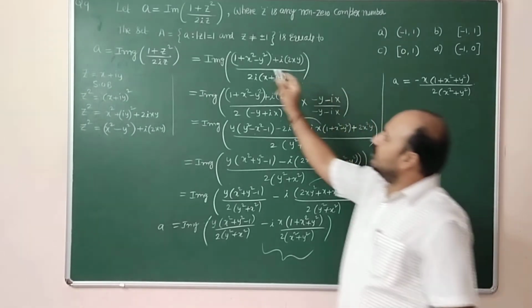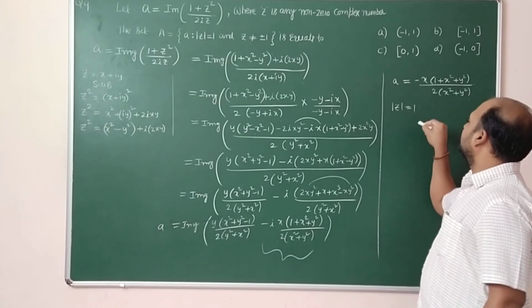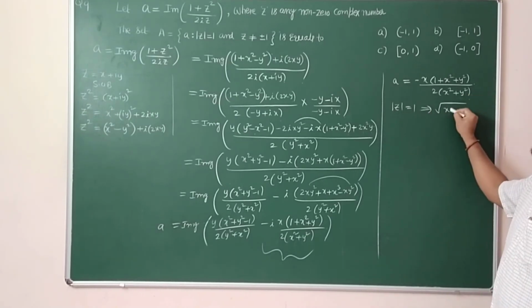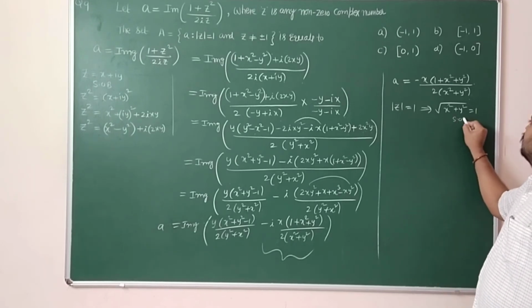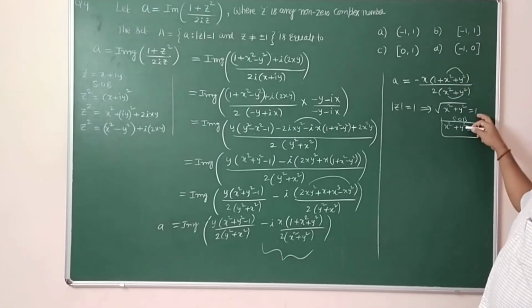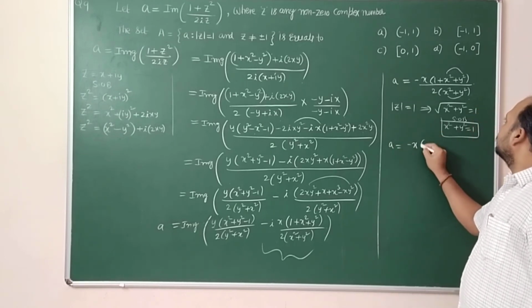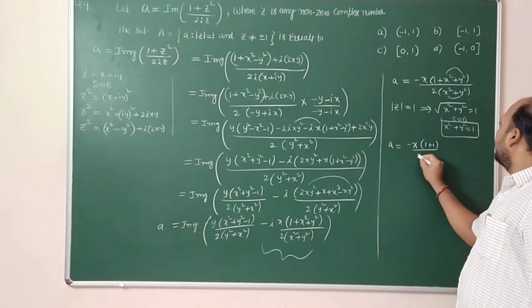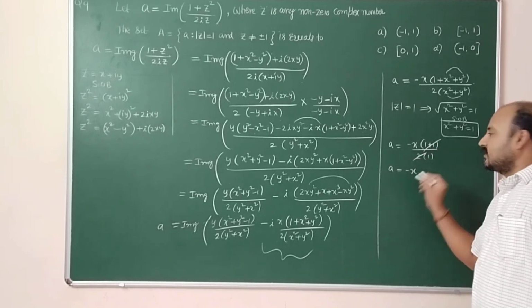And one more condition here: mod z1 equal to 1 implies square root of x square plus y square equal to 1, and squaring on both sides x square plus y square equal to 1. So wherever x square plus y square is there, we have to replace it with 1. It becomes a equal to minus x into 1 plus 1 divided by 2 into 1. So here it gets cancelled, a is equal to minus x.